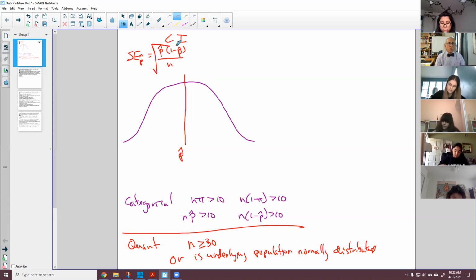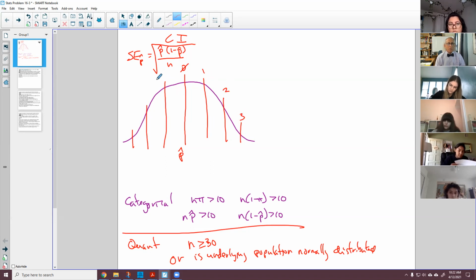That enables us to make our 1, 2, 3 and negative 1, negative 2, negative 3 standard errors, just like standard deviations.